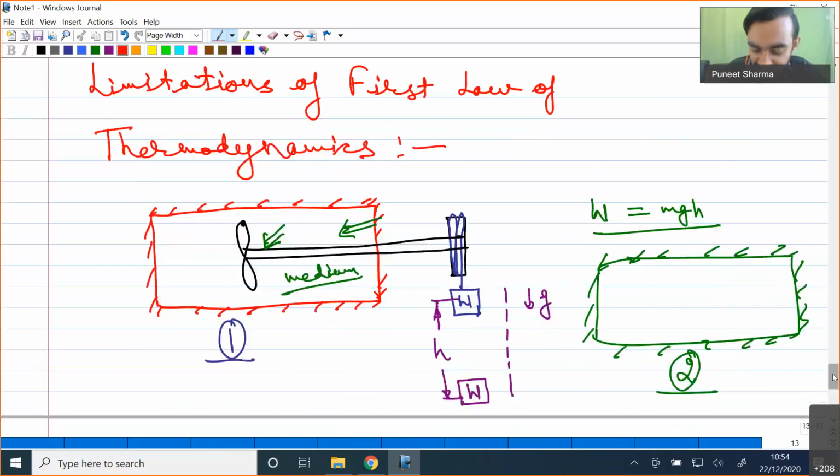But thermodynamically, if you see, as per the first law of thermodynamics, what we have done is supplied mgh amount of energy, and that mgh amount of energy has changed the internal energy by the amount ms times (u2 minus u1), where ms is the mass of the system.